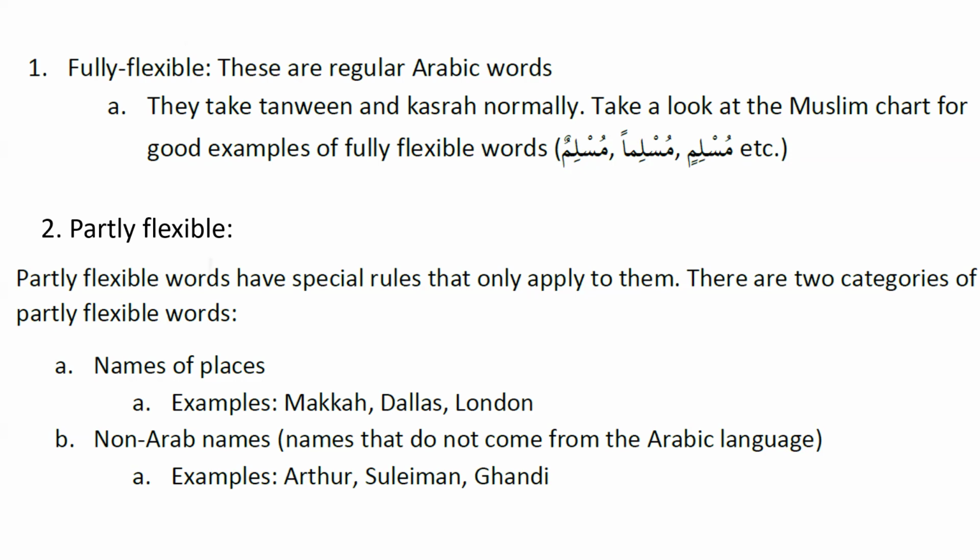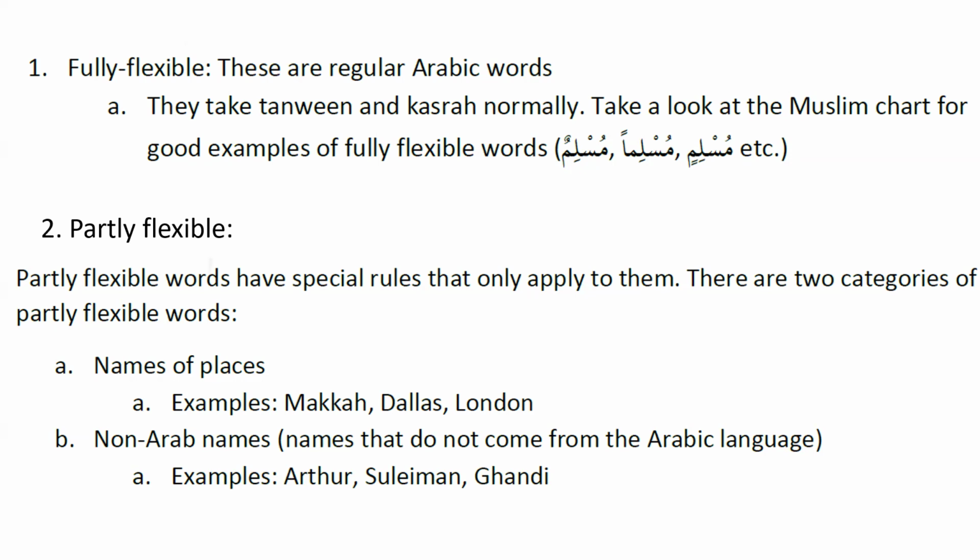Now, the problem with U and A: U is our Rafa, according to our chart. And for partly flexible also, this is true. When you have a word with U sound, and that word is partly flexible, it's Rafa. For Nasab it is A, and for Jar is also A. So that's where the problem comes.